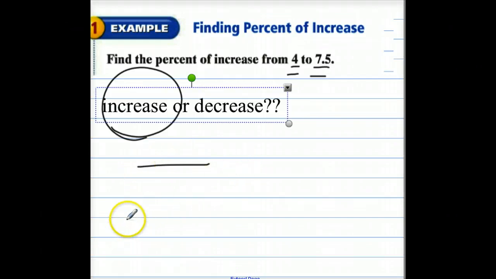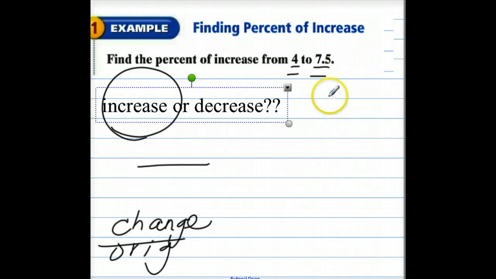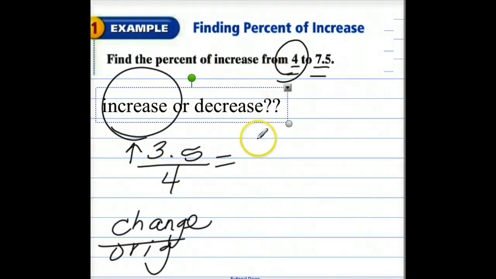But you need to remember the formula is how much did it change over the original. So from 4 to 7.5, we changed 3.5 because it increased 3.5. Then I put it over my original amount, which was 4. And I set that equal to percent over 100. We are always solving for the percent.